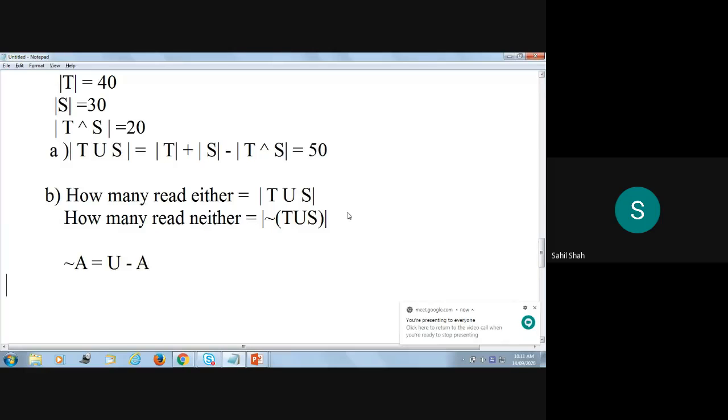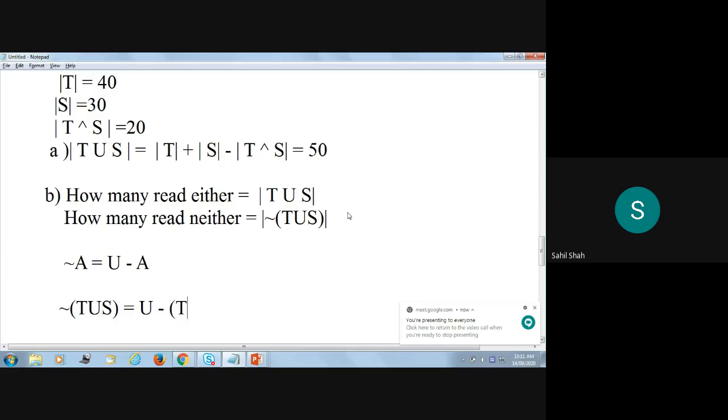If you remember this formula, instead of A, we have to put what is asked. T union S bar, what will it be? It will be U minus what is A?